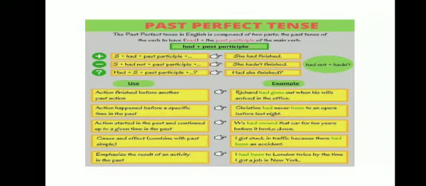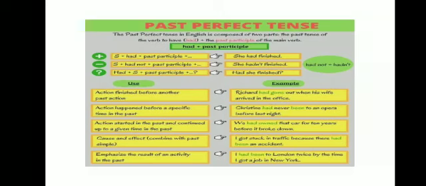Now, past perfect tense. Past perfect is much easier. Again, what do we have to do? We have to put had after any subject, whether it is singular or plural, we will use only had. Subject plus had and then the third form of verb.